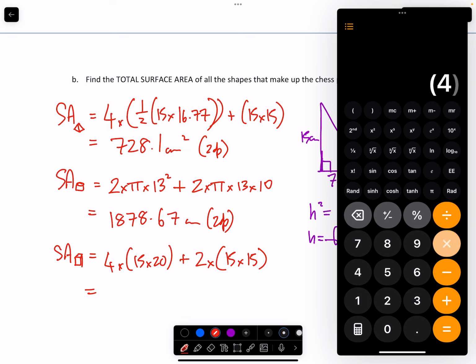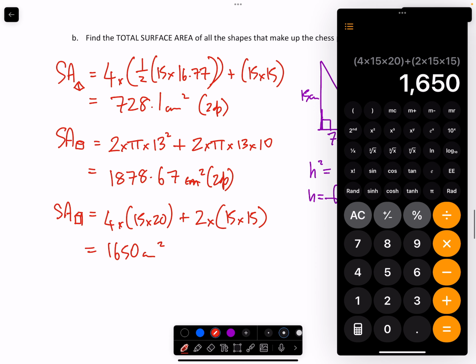Bracket 4 times 15 times 20 plus 2 times 15 times 15. You get 1650 square centimeters. It didn't indicate square for that answer there.